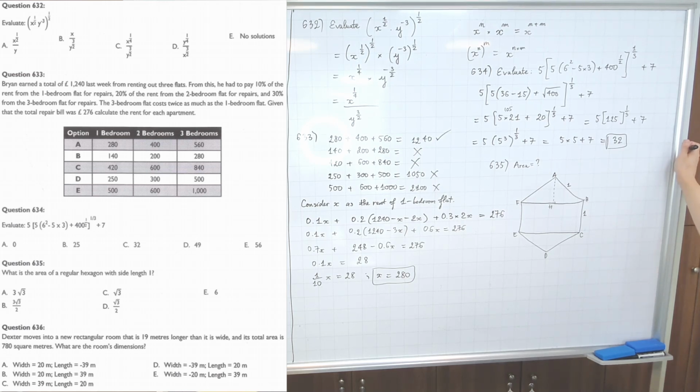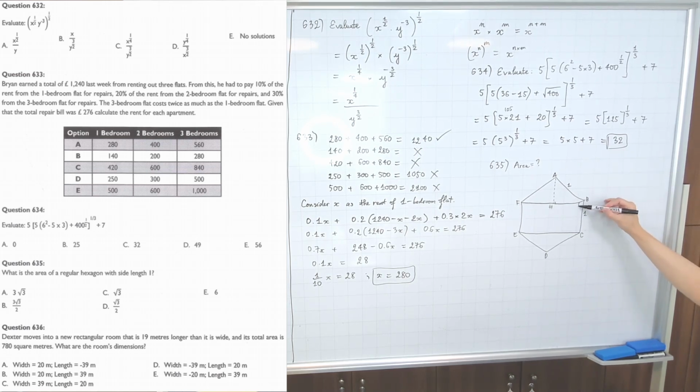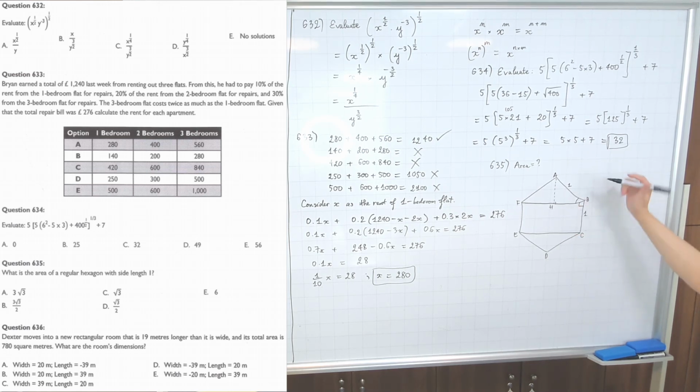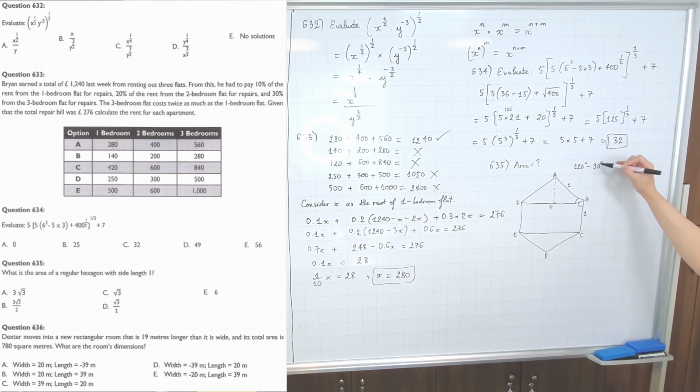The question is, here is 90 degrees, isn't it? And like I already told you, this is 120. Với cái đống này 120 nè. So this angle here is actually 120 minus 90, isn't it?